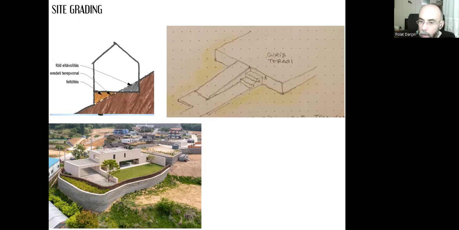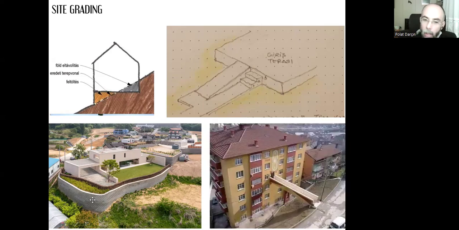That's not a good design to fill all the area, all the slope to have a horizontal surface and then construct the building because we need to create lots of retaining walls and it's dangerous. Or vice versa, we can just excavate the whole area, then the building will not have a leveled entrance.